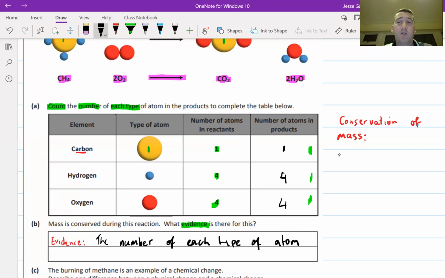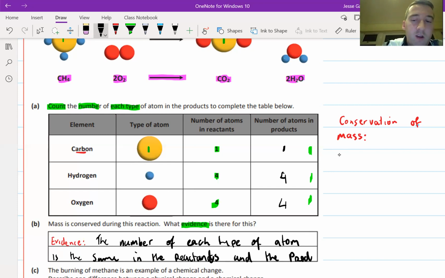Okay, hopefully you were able to do it, and if you weren't, hopefully you're able to finish it now with my help. So the number of each type of atom, what we say about it is the same in the reactants and the products.